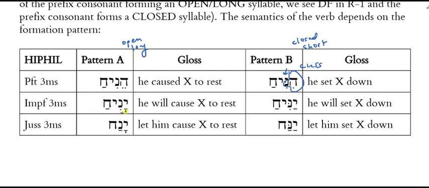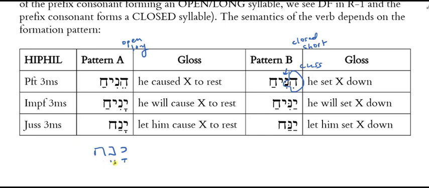So the imperfect ya niach with the open and long prefix vowel here, and it means he will cause X to rest. Yaniach with the short A and the doubling down in the nun, he will set X down. And then the jussive is yanach. It should have been yanech, right?